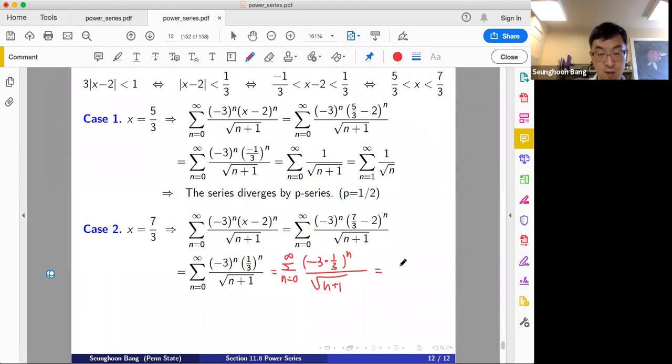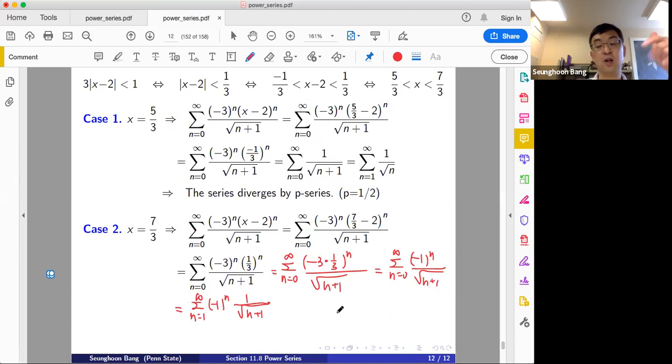The 3 is crossed out, so it is just the summation n equals 0 to infinity of minus 1 to the power n over square root of n plus 1. This is the same as the summation n equals 1 to infinity of minus 1 to the power n over square root of n plus 1.